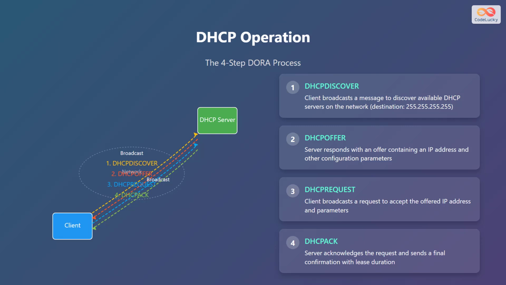In the second step, DHCP Offer, the server responds with an offer. It contains an Internet Protocol address and other configuration parameters. In the third step, DHCP Request, the client broadcasts a request to accept the offered Internet Protocol address and parameters. Finally, in the fourth step, DHCP Acknowledgement, the server acknowledges the request and sends a final confirmation with the lease duration.